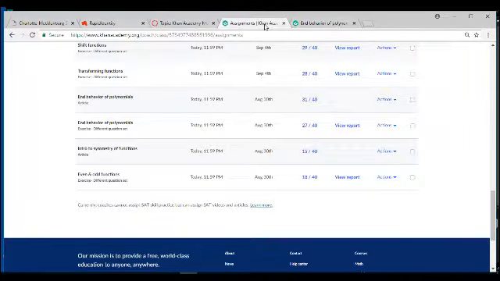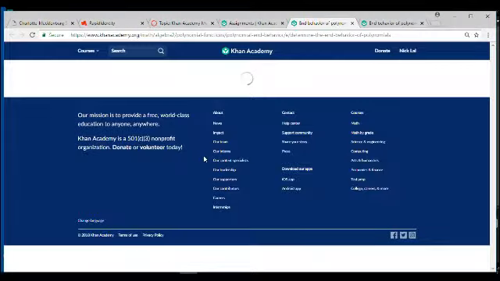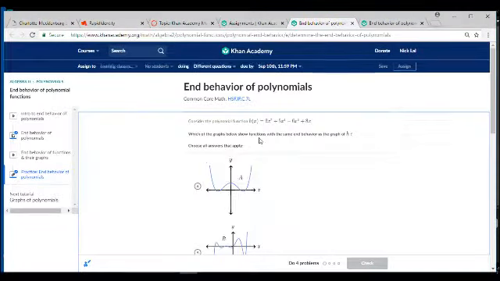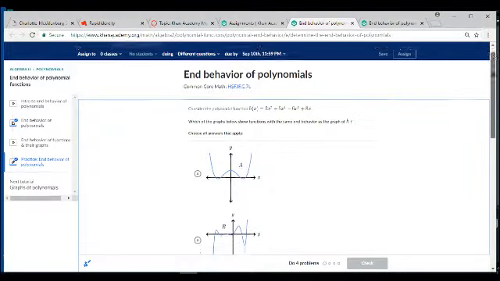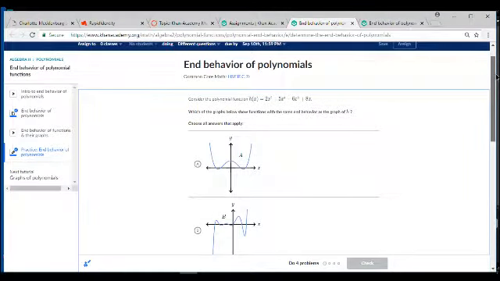So let's go to the end behavior of polynomials exercise. Okay, we have 2x to the 7th. Alright.